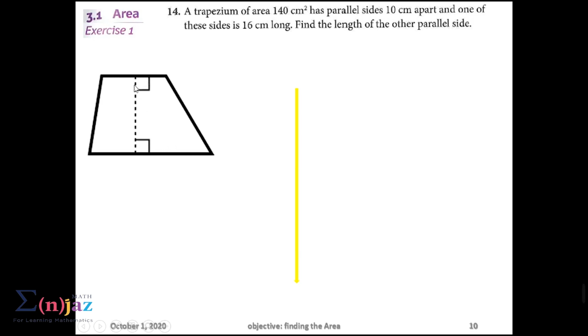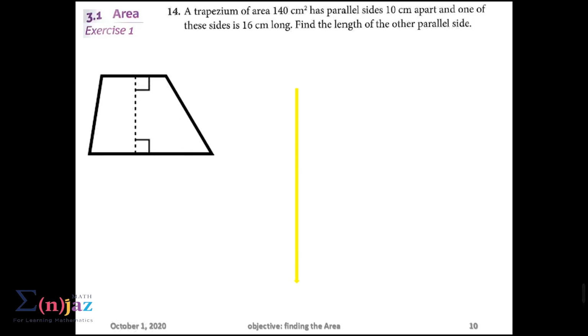Because this little box here is telling me that between this horizontal side and this vertical side there is a 90-degree angle, as well as the angle between this horizontal side and this vertical side is 90 degrees as well. So two of the horizontal sides are parallel, and the dotted line is vertical on both parallel sides.